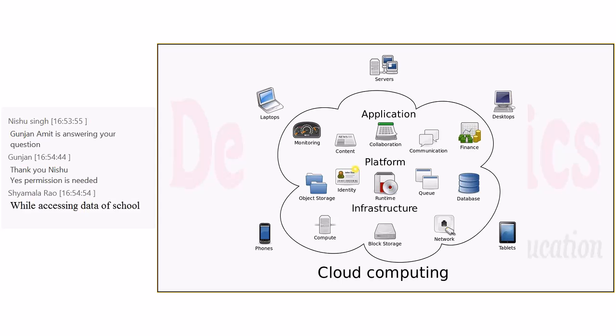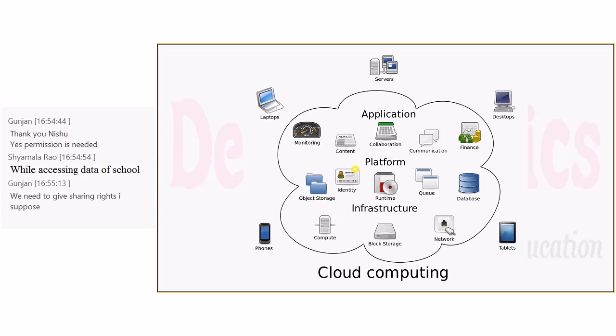For availing cloud services, how do we go about it? There is a question in the chat box. First we have to find out which model of cloud services we would like to have.